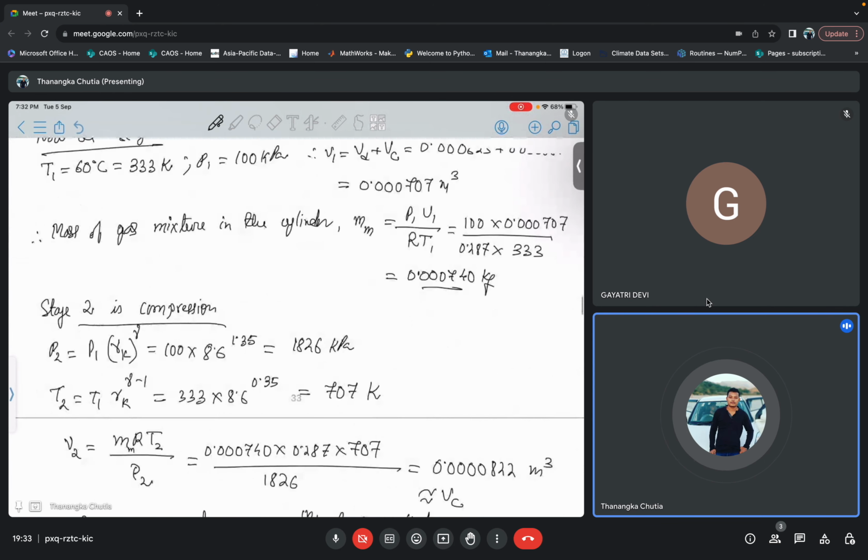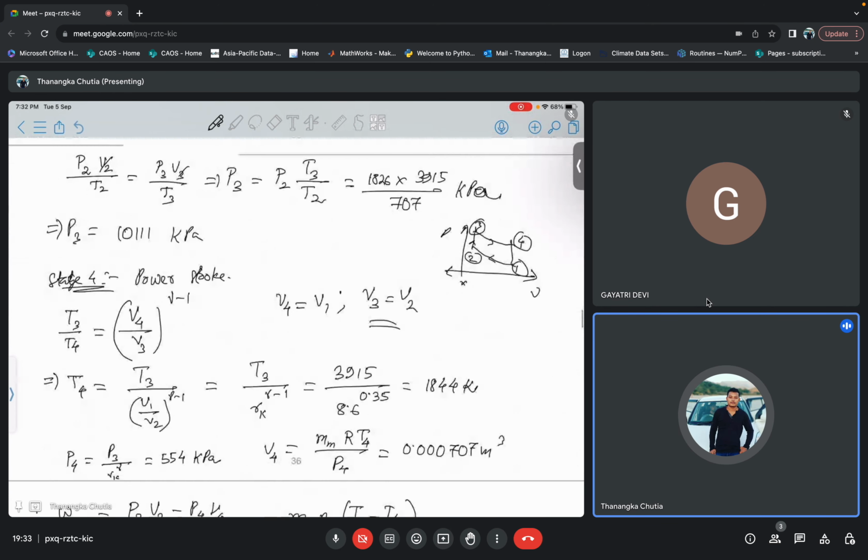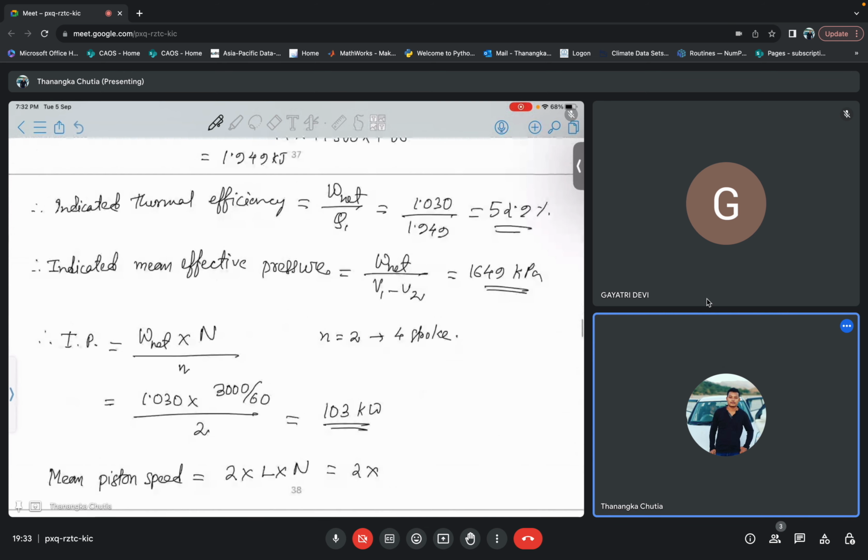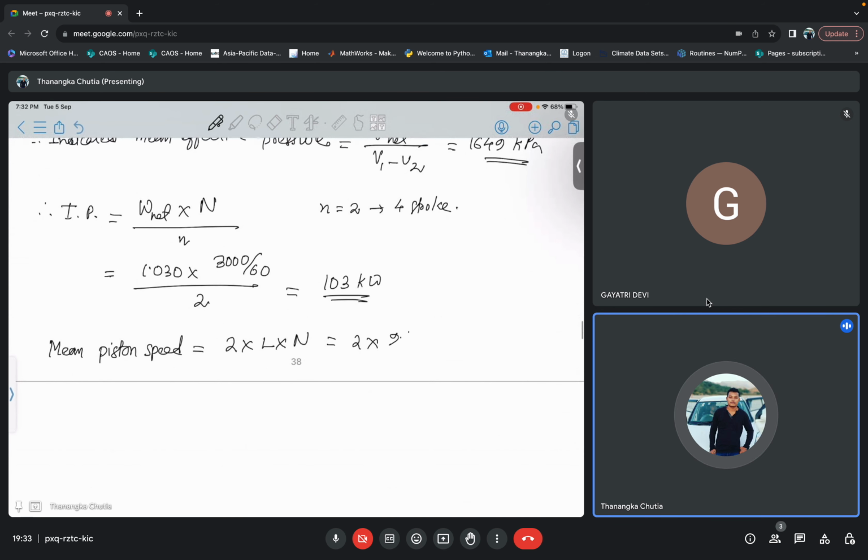L is 9.42 centimeter, so we'll express this in meter, 9.42 divided by 100, and 3000 divided by 60. So you'll get this in meter per second. Then put all these values, you will get this as 9.42 meters per second.